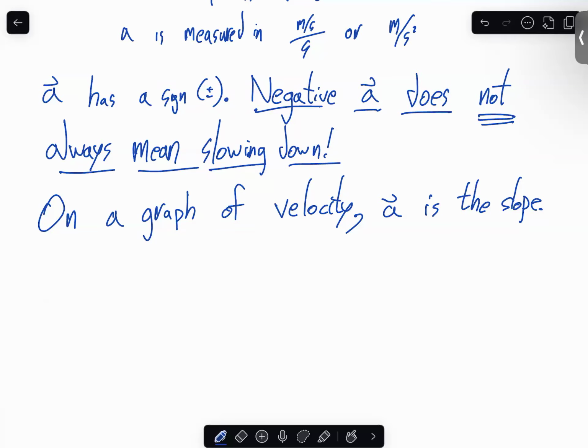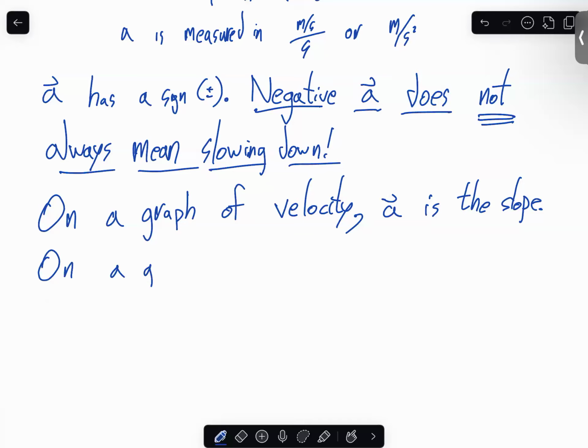It is not always true that slope is velocity. Slope of position graphs is velocity. Slope of velocity graphs is acceleration. So if you've memorized that slope is always velocity, you're wrong and you will miss things. Go back and think about this. The change in the vertical coordinate is different on different kinds of graphs, so you can't always say slope is this or slope is that. It depends on what you're talking about.